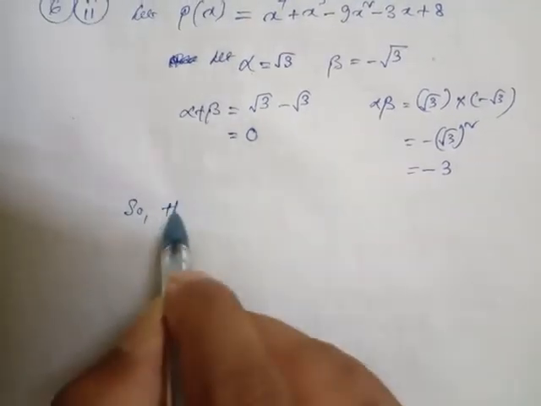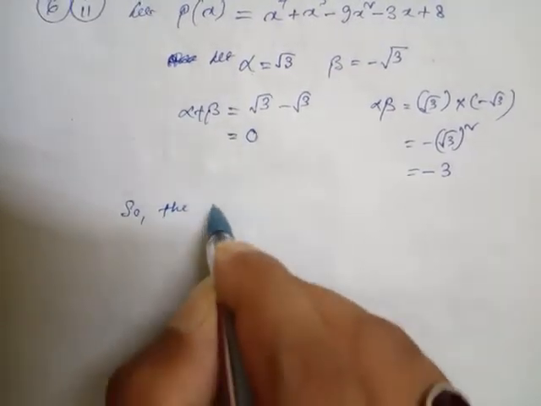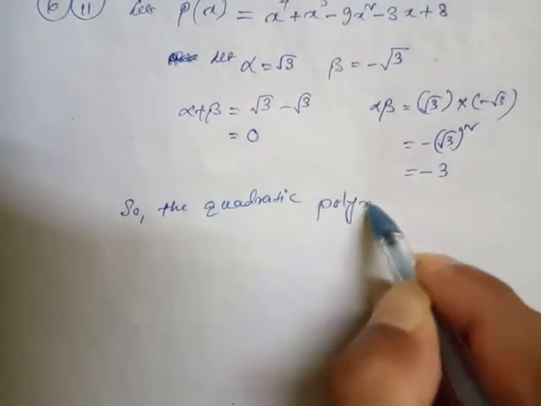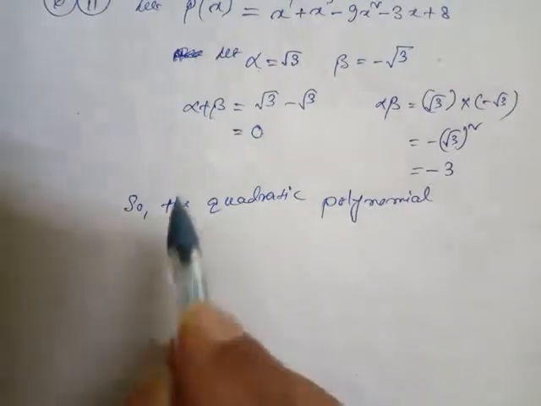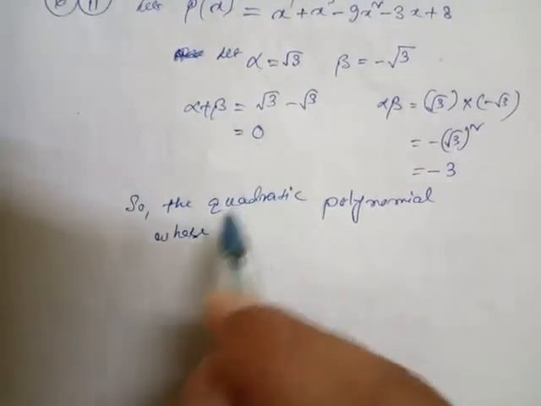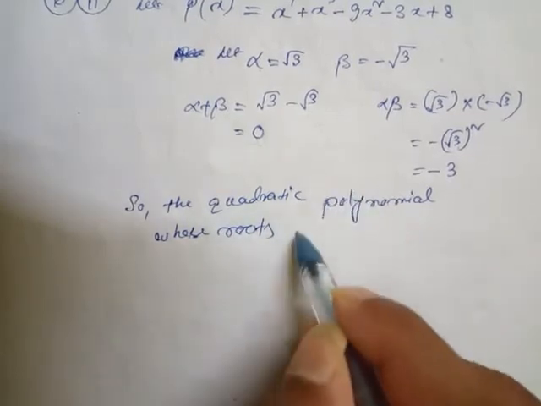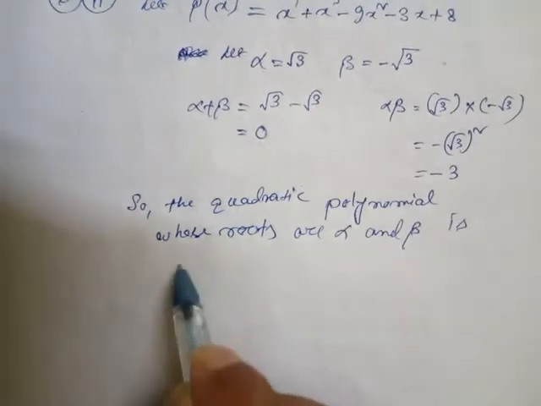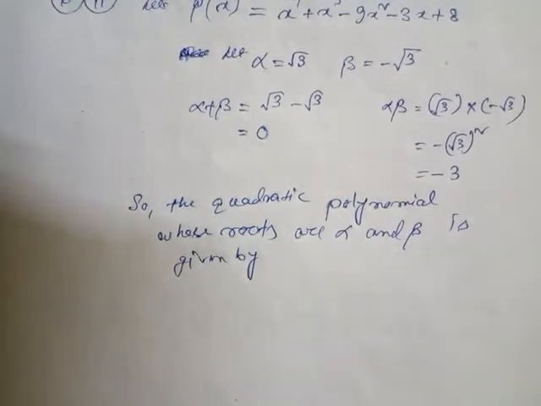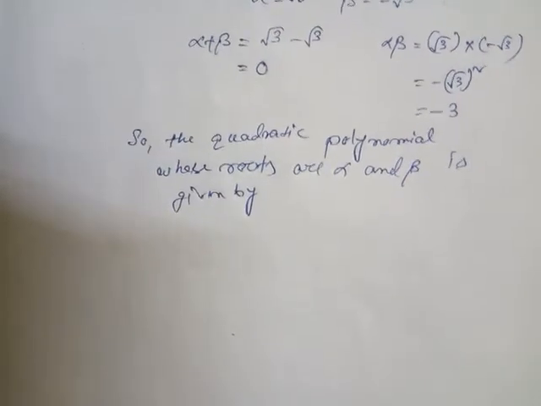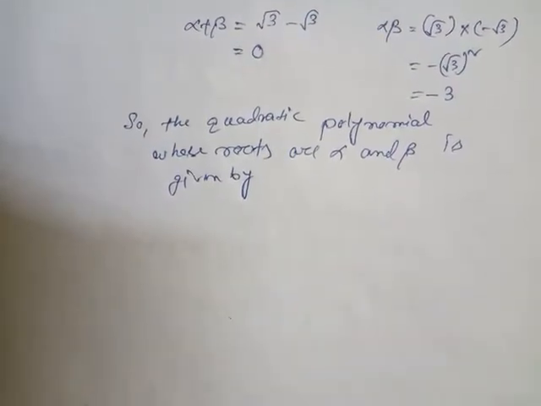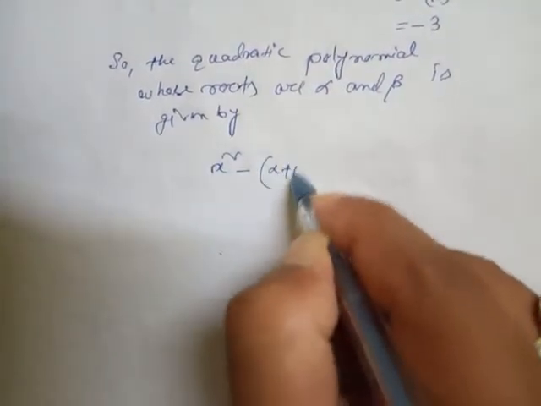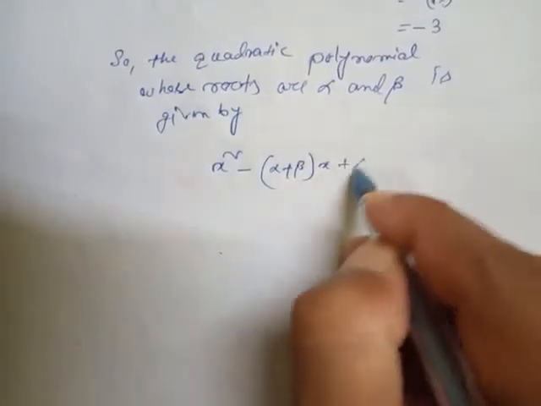Now look, after that student, the last line we'll write. So the quadratic polynomial whose roots are alpha and beta is given by x square minus (alpha plus beta) x plus alpha into beta.